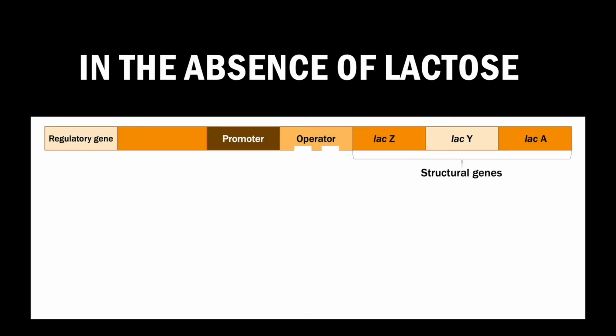Now let's have a look at what happens to the operon in the absence of lactose. As I have mentioned earlier on, the regulatory gene is always on, thus causing the repressor protein to always be present inside the cytoplasm of an E. coli. In the absence of lactose, the repressor protein is able to bind to the operator of the lac operon. This prevents the RNA polymerase from binding to the promoter of the lac operon.